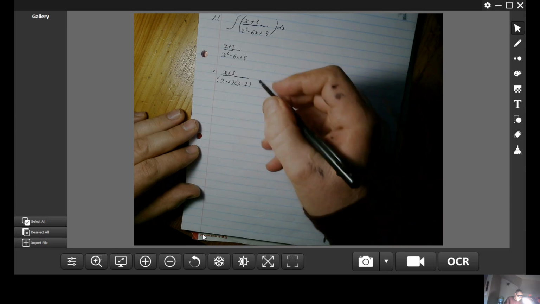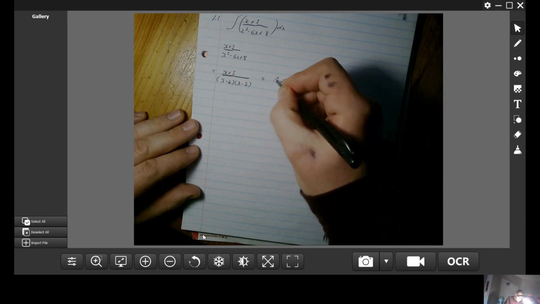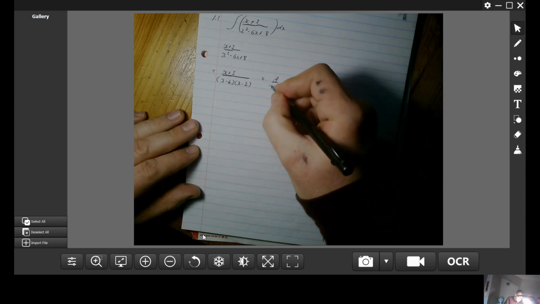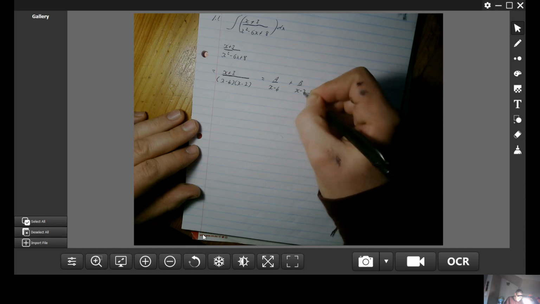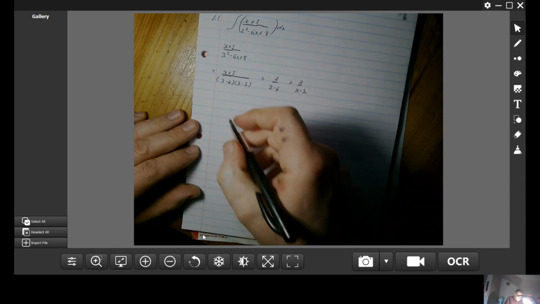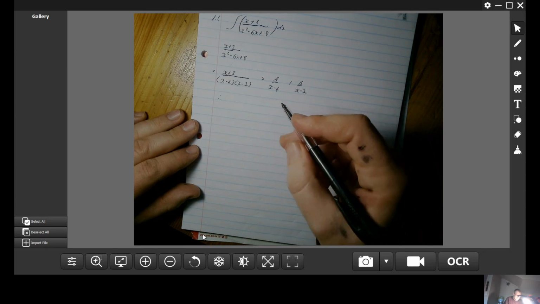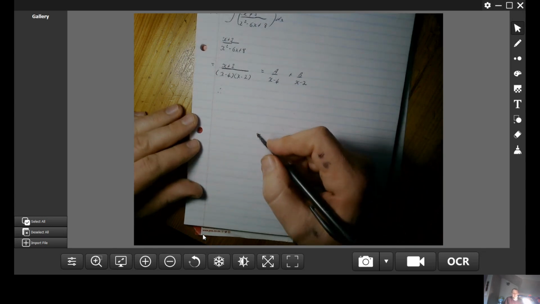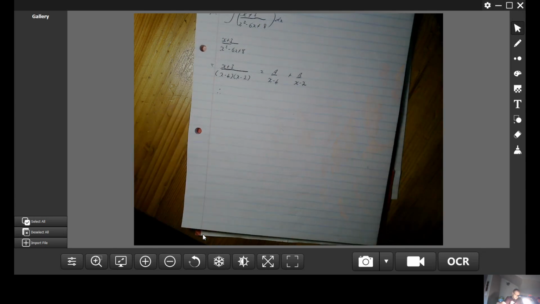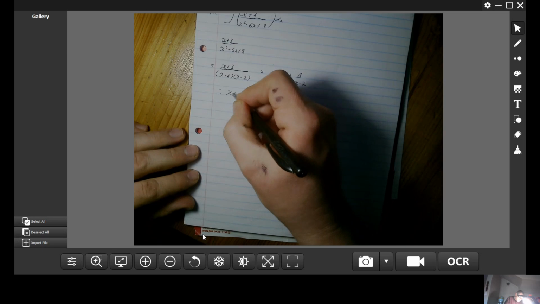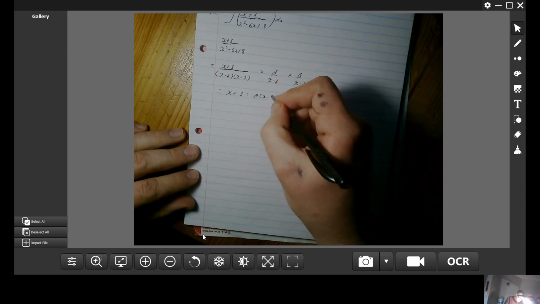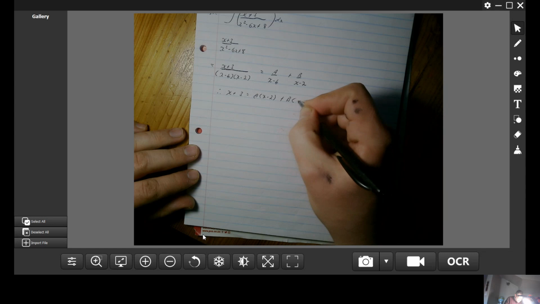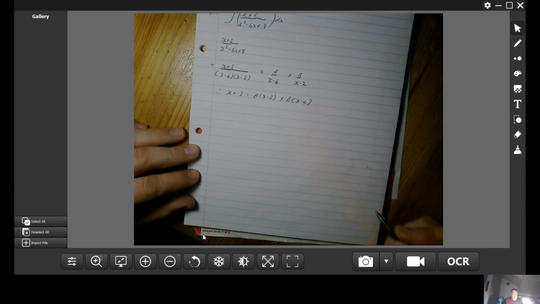Now to resolve that into partial fractions, it becomes a over x minus 4 plus b over x minus 2. Therefore, multiplying by the LCD, I get x plus 3 is equal to a times x minus 2 plus b times x minus 4.